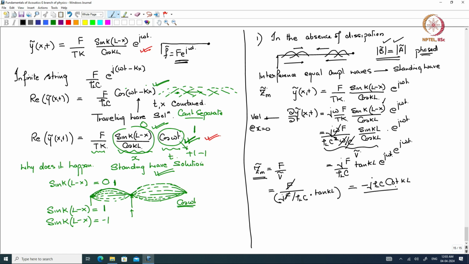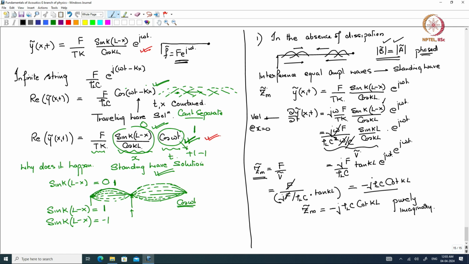So, that is my Z mechanical. Okay. So, my Z mechanical tilde is minus j rho L c cot kL. So, observation right away: it is purely imaginary.